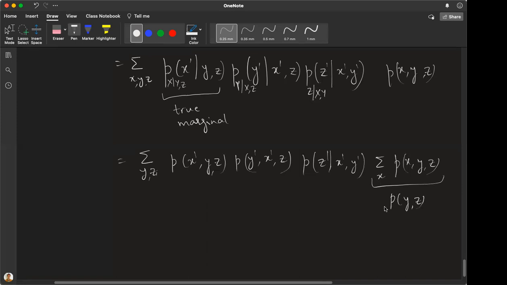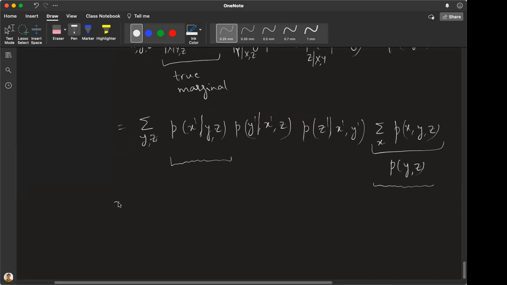Now, this was given. I'm sorry, I made a mistake. Now you see this thing very easily clubs with this thing and this thing. They can get together. If you merge these two, what does it become?